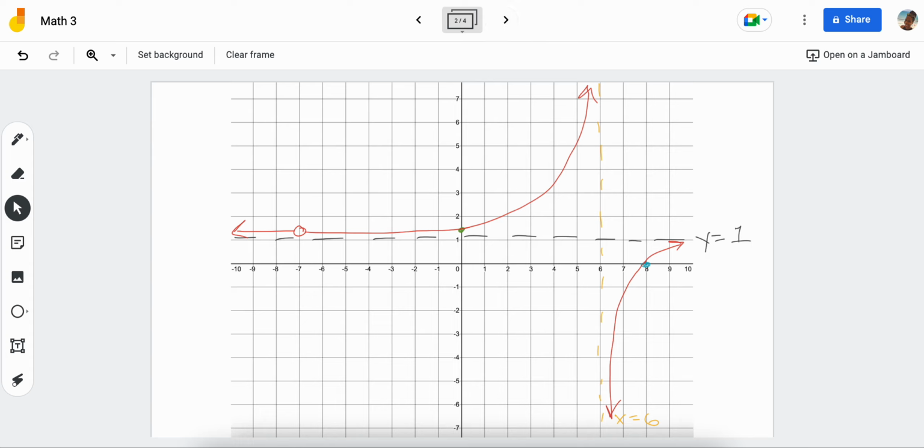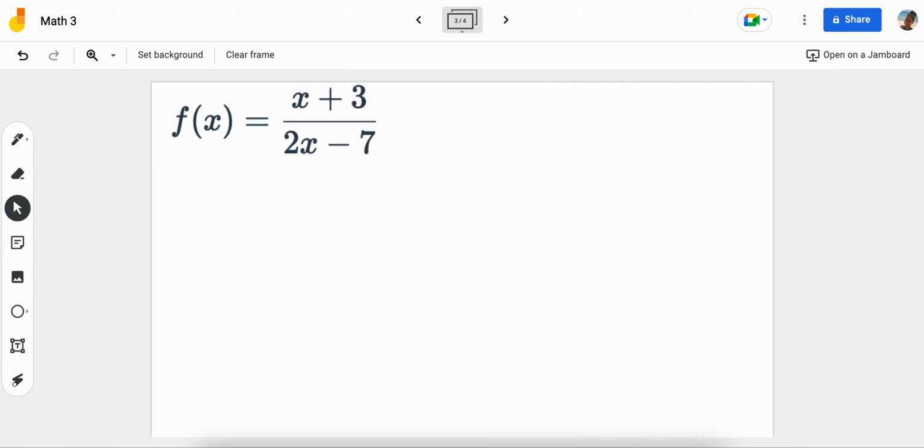Okay. I'm going to do one example from Delta Math to the best of my ability. So this example right here. First of all, I can't factor my numerator. I can't factor my denominator. This is already in simplest form.